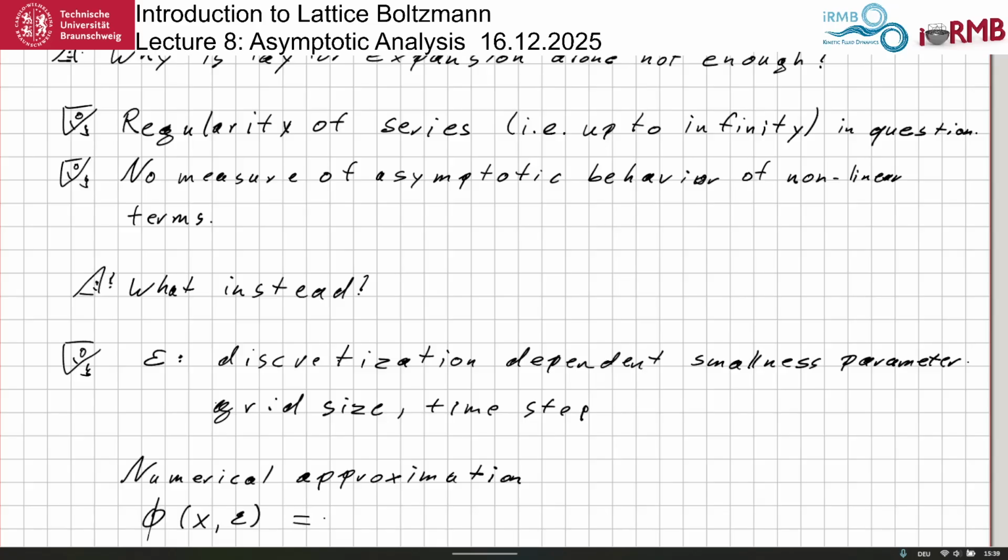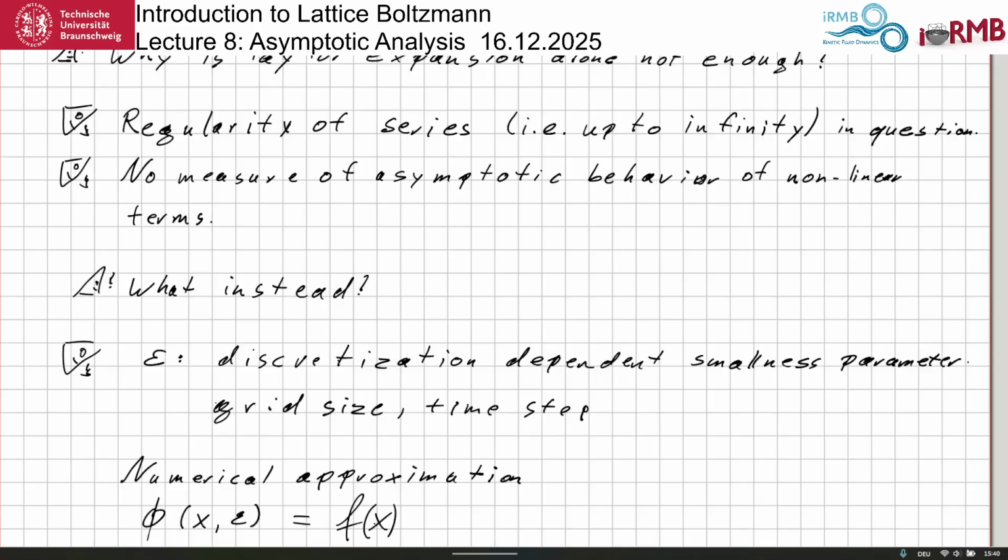So phi is a numerical approximation. What we actually want to know is the function f of x. And the problem is that f of x is of the kind that we cannot just solve.